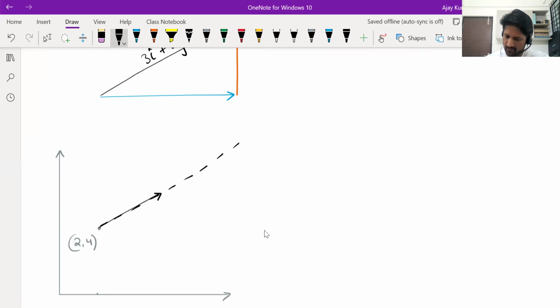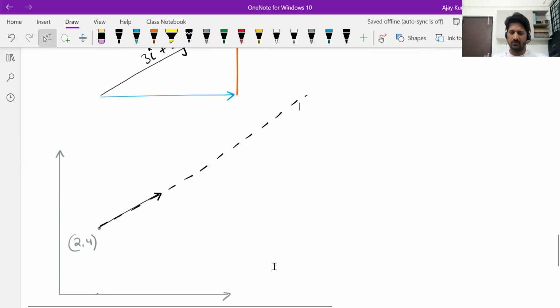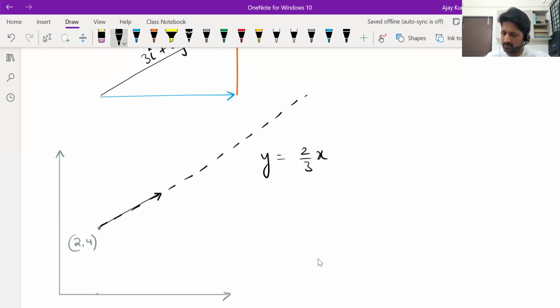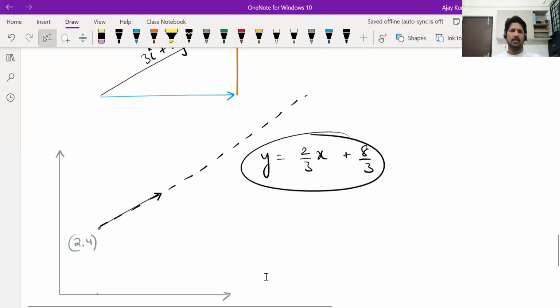So what we derived is the equation of this straight line along which the object moves. Okay, it doesn't look like a straight line. I drew it with free hand, but it moves along that straight line, whose equation is given by y equal to 2/3 x plus 8/3. Okay, that is what we mean by equation of path followed by an object.